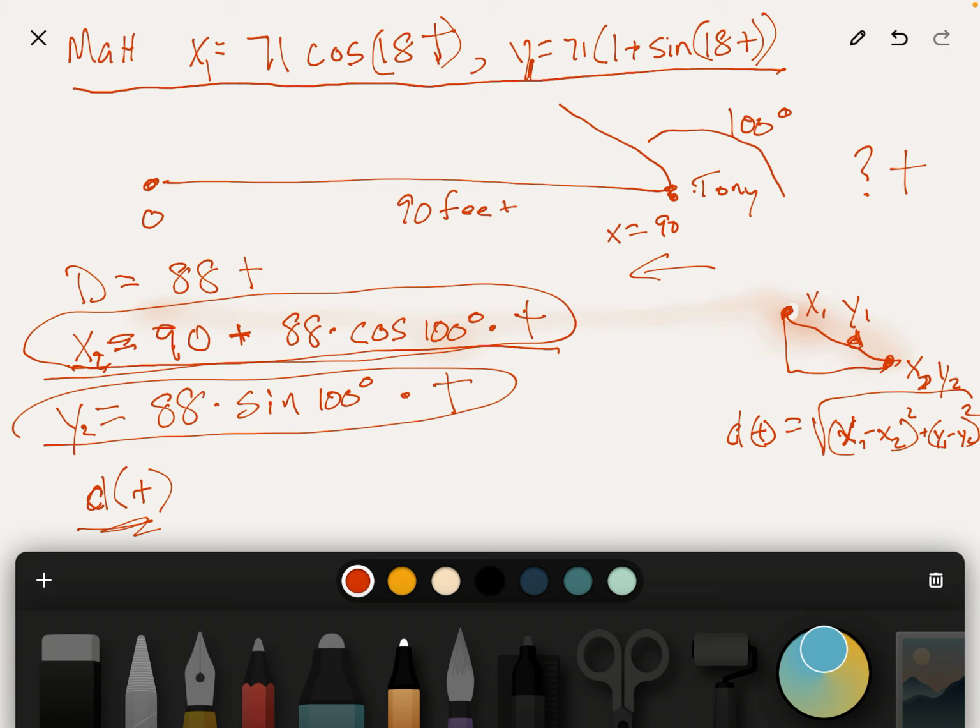Again, you're dealing with lots of numbers, but you just plug x1 and x2 into this equation, and y1 and y2 into this equation, and solve it graphically to find the minimum. You just want to find the minimum of d.